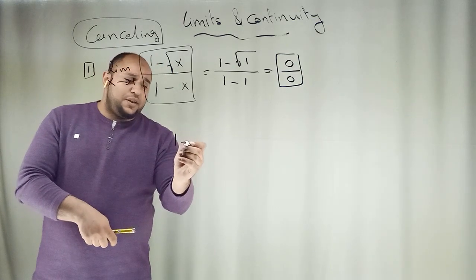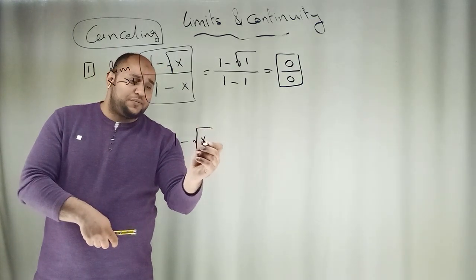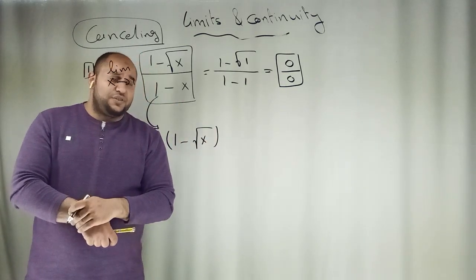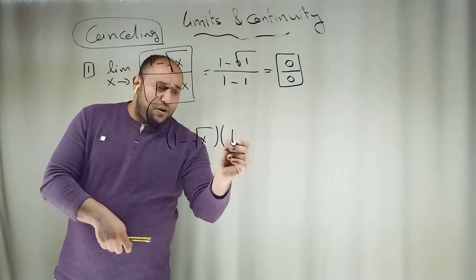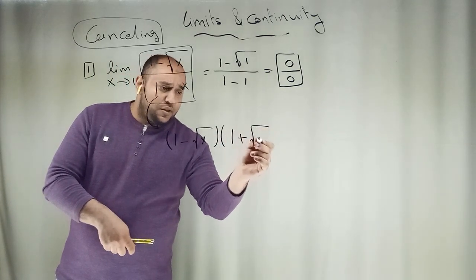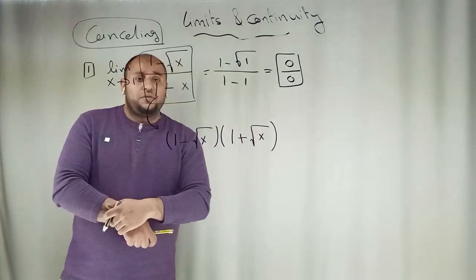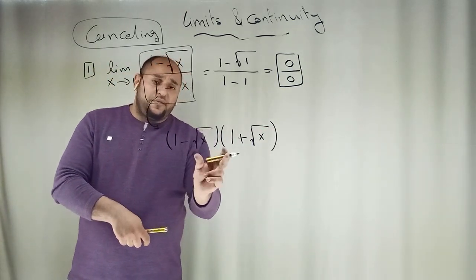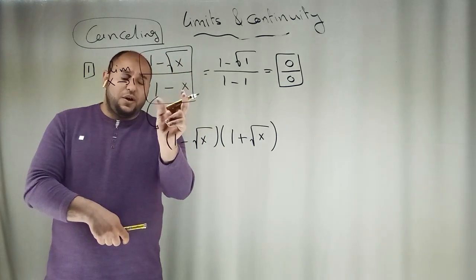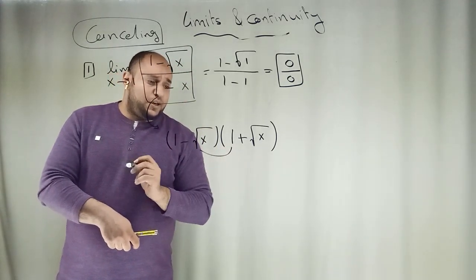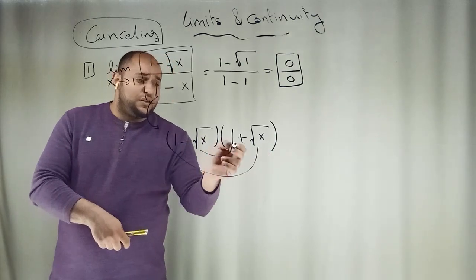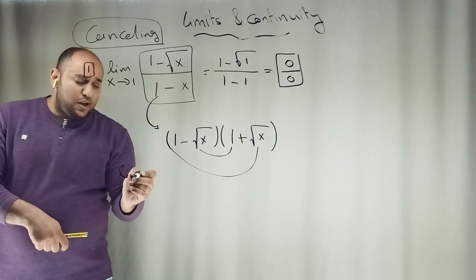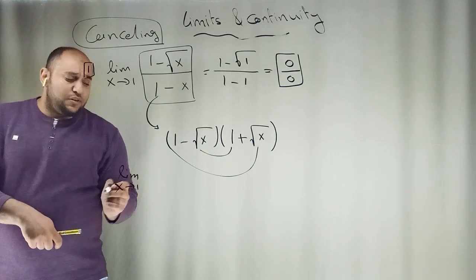If I take 1 minus square root of x, I have to factor the denominator, and I multiply by the positive number. If I have to replace it to the original one, you have to do multiplication this by this and this by this and complete your calculation. This factorization will help us to find the limit directly.